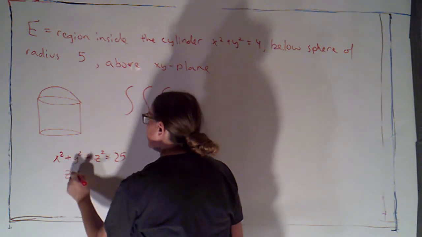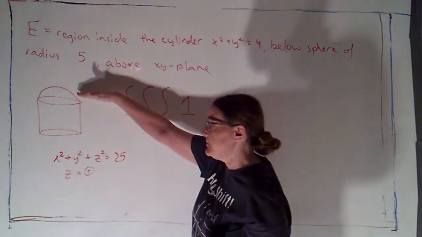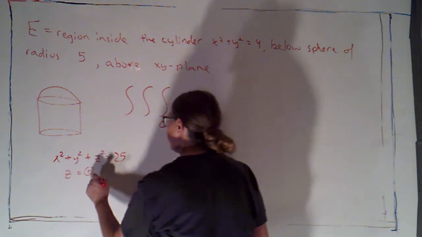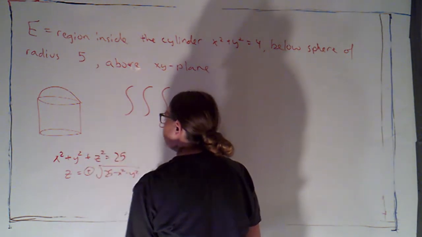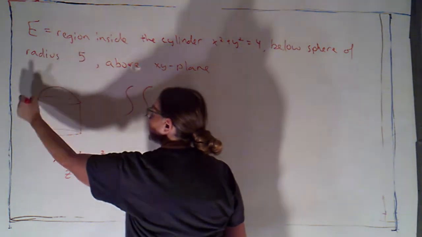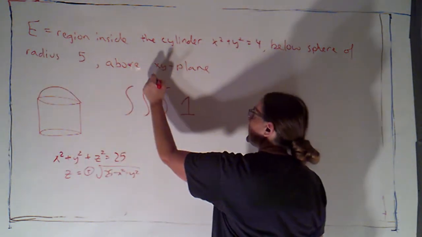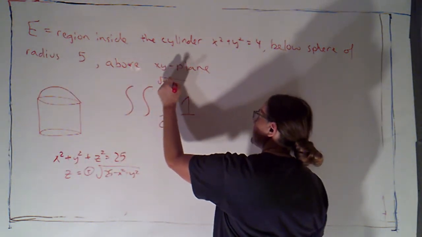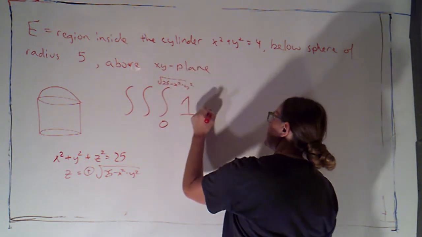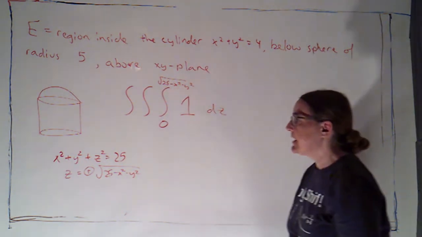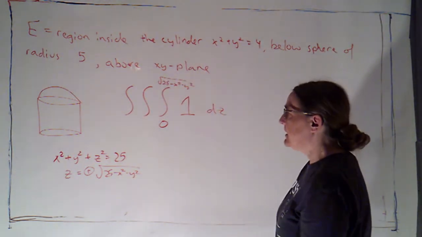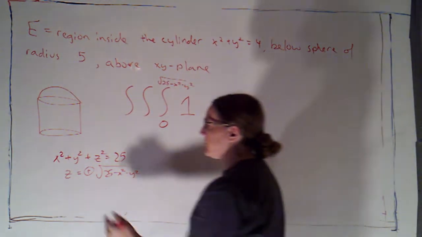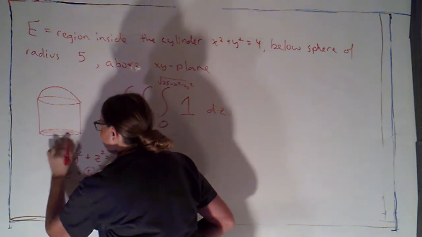So z would be the positive square root, because we're above the xy plane, of 25 minus x squared minus y squared. That describes this portion of the sphere. So there's my dz.